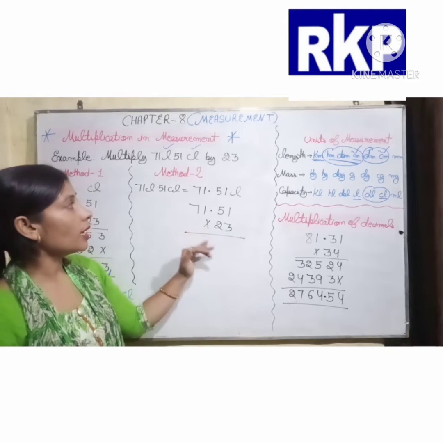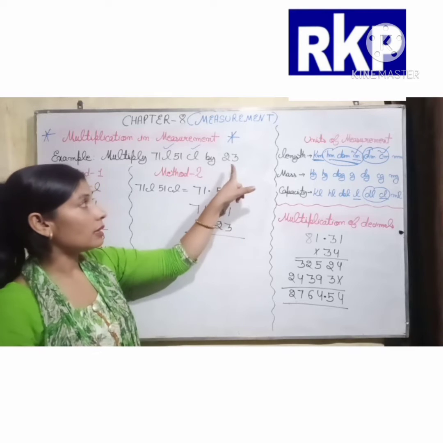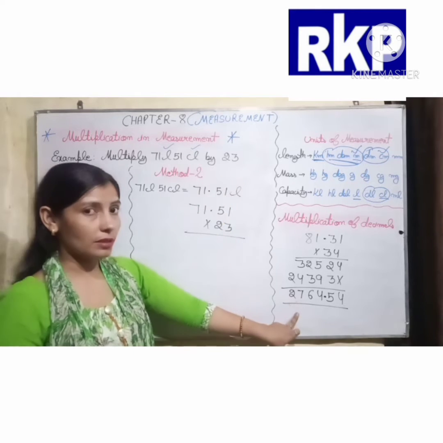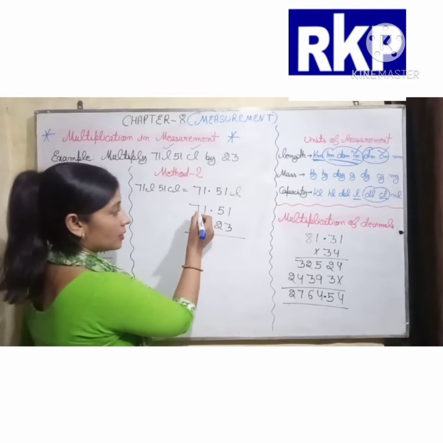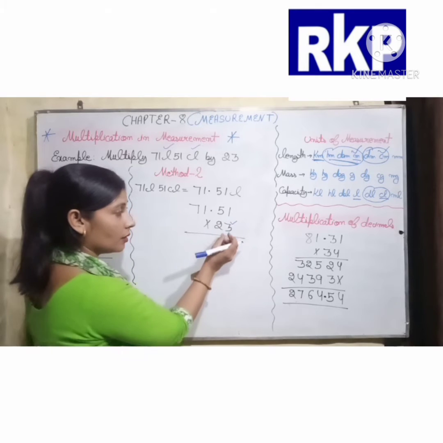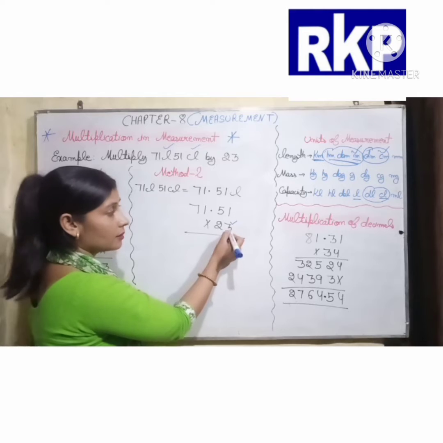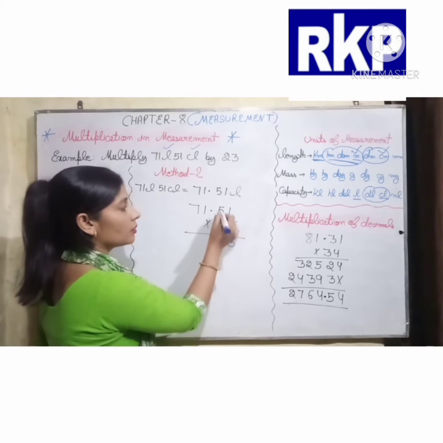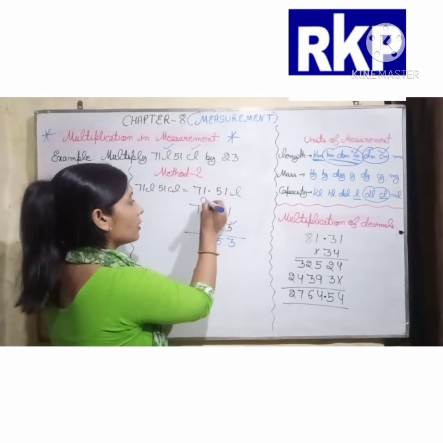Now we have to multiply 71.51 by 23 like decimals. First we multiply 71.51 by 3, the first digit from the right side. Let us start. 3 ones are 3, 3 fives are 15, 1 will be carry.